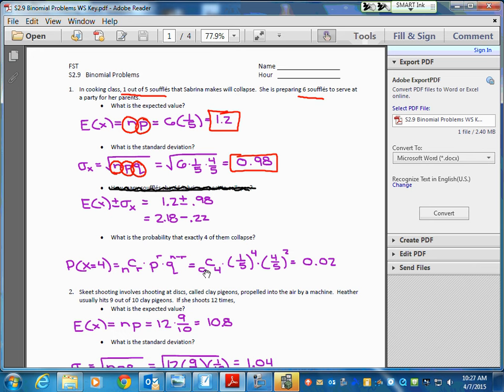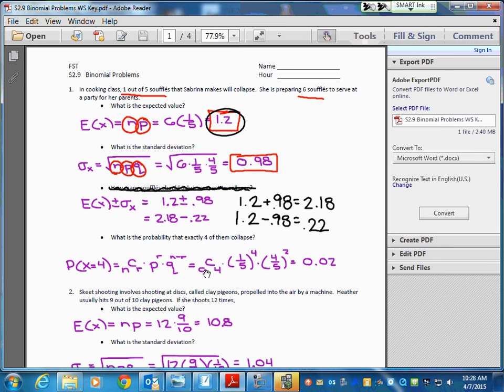So in order to get that maximum and minimum, we're going to take the expected value and add the standard deviation to it, and then subtract the standard deviation from it. So what ends up happening is you get a maximum of 2.18 and a minimum of 0.22, okay?